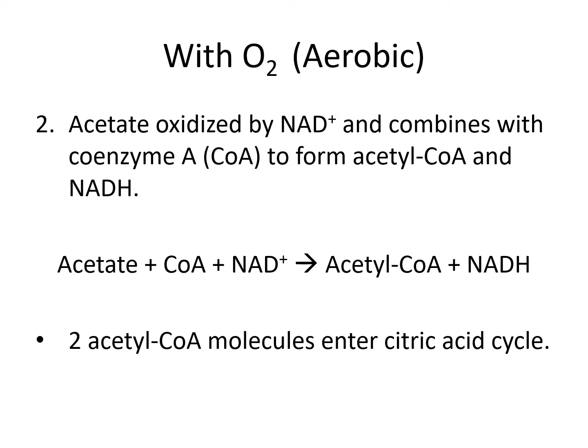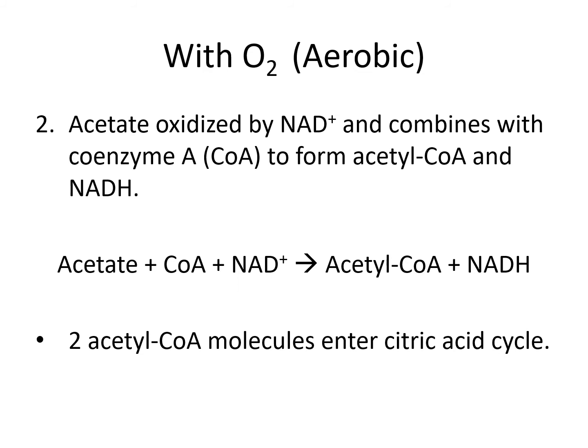The next step under aerobic conditions is that the acetate is further oxidized by NAD and combines with a molecule called coenzyme A to form acetyl-CoA and NADH. And here's the summarized reaction. Acetate plus coenzyme A plus NAD will yield acetyl-CoA and NADH.